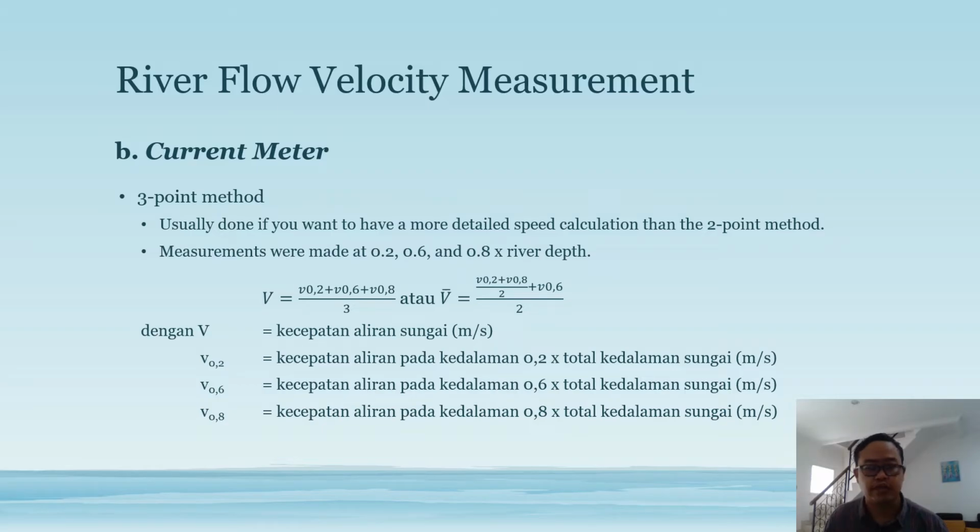So we have to get the data on the 0.2 of the total depth, 0.6 of the total depth, and 0.8 of the total depth. The formula used is V equals the velocity at 0.2 plus the velocity at 0.6 plus the velocity at 0.8. Then we divide all of that by 3.